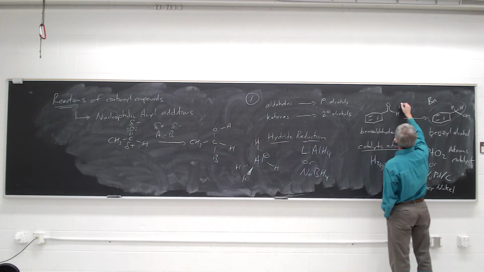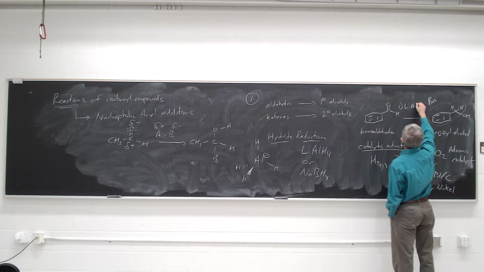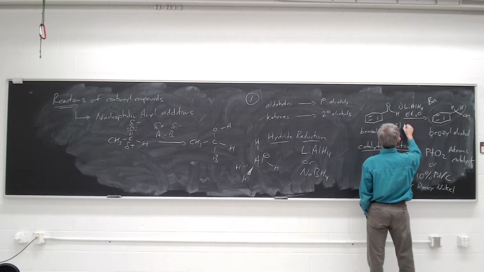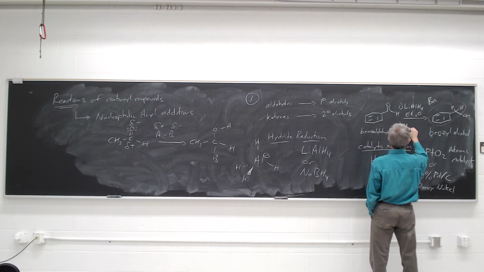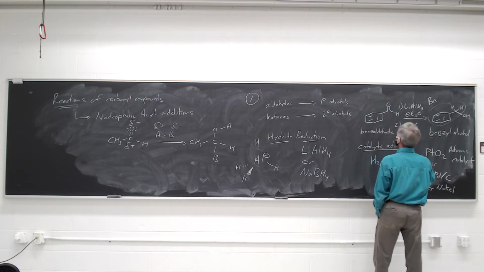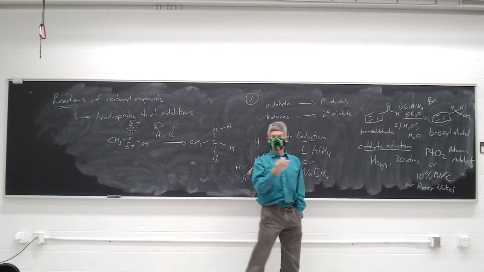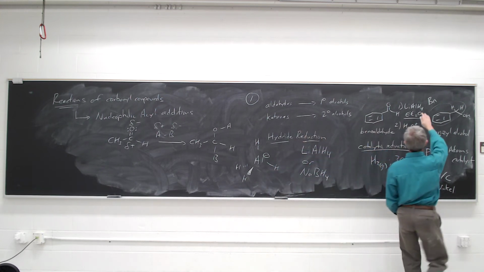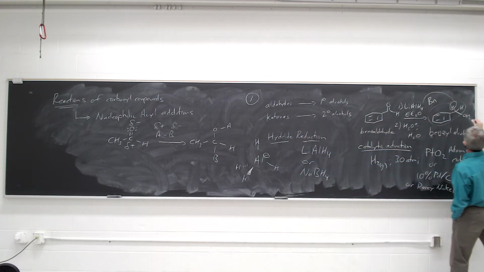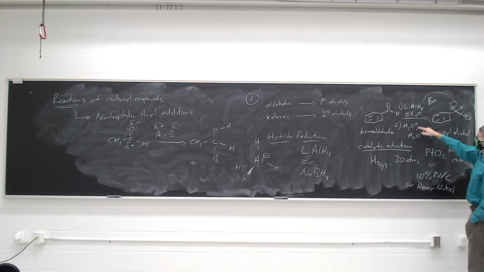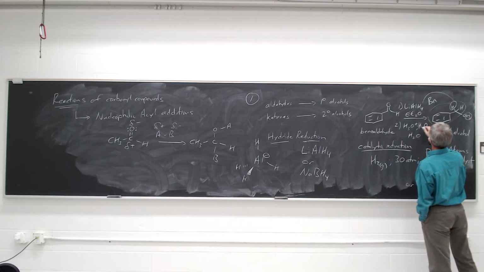If we use lithium aluminum hydride, it has to be run in an inert solvent like ether. And then you do an aqueous acid workup. So the hydrogen that's attached to the carbon actually comes from the lithium aluminum hydride, but the hydrogen that's attached to the oxygen came from the aqueous acid.